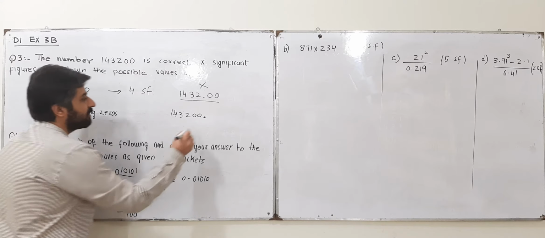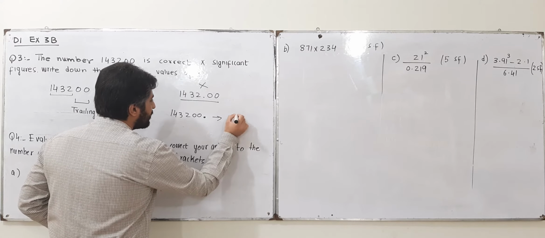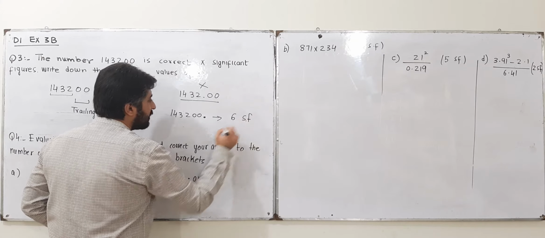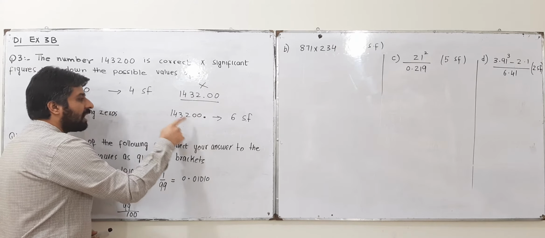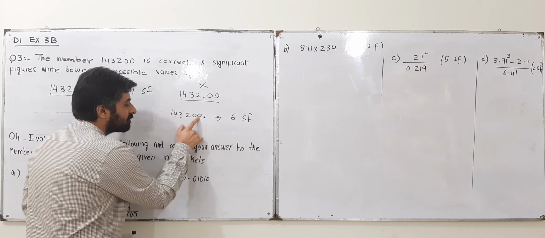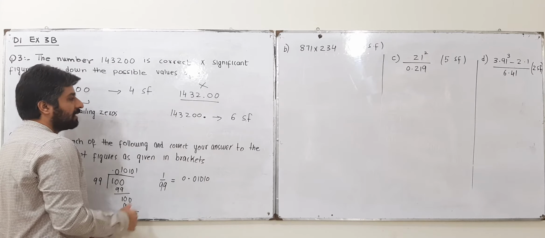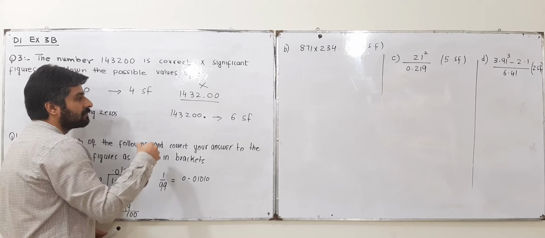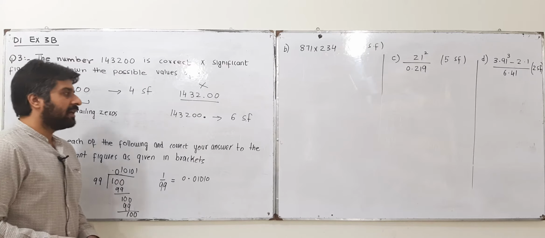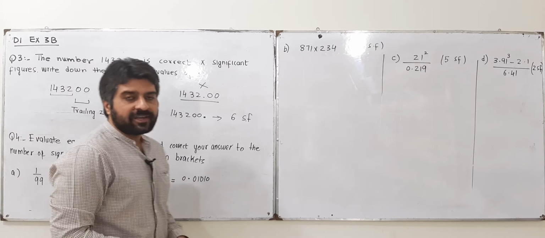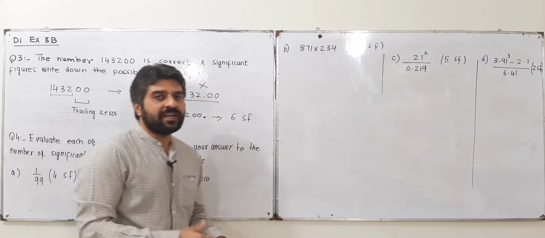Now the significant figures have increased to 6 significant figures, because by putting the decimal I am converting these zeros to significant digits. As I have told, these zeros are significant if we have a decimal anywhere in the number.